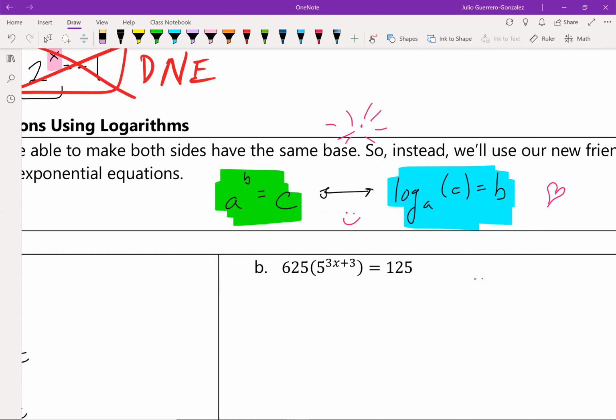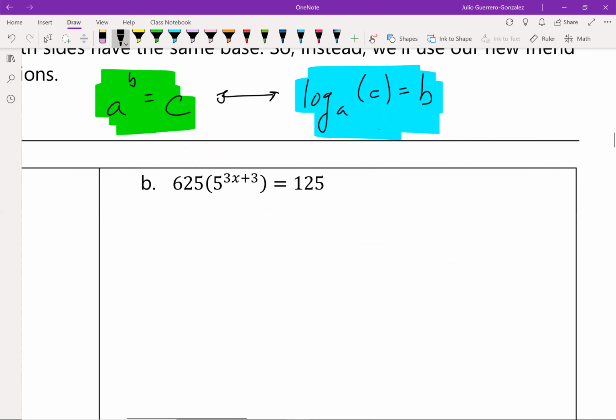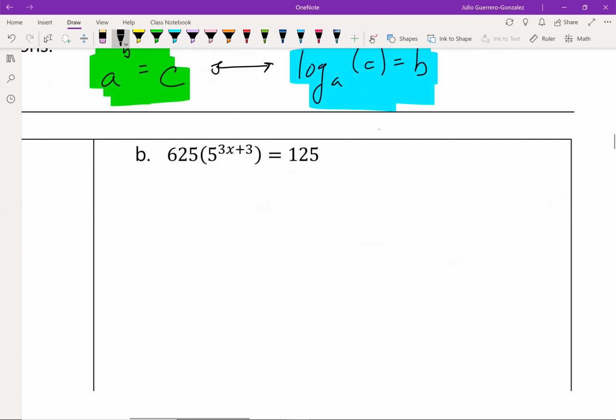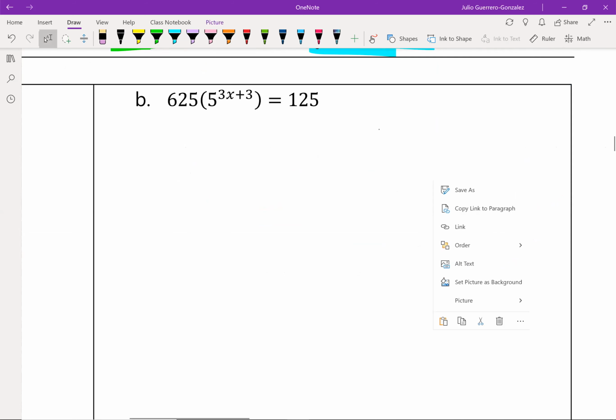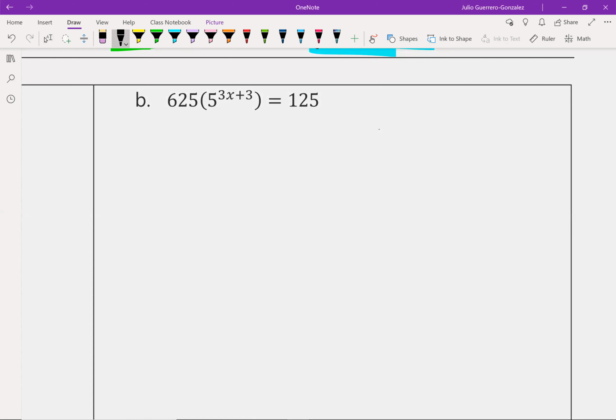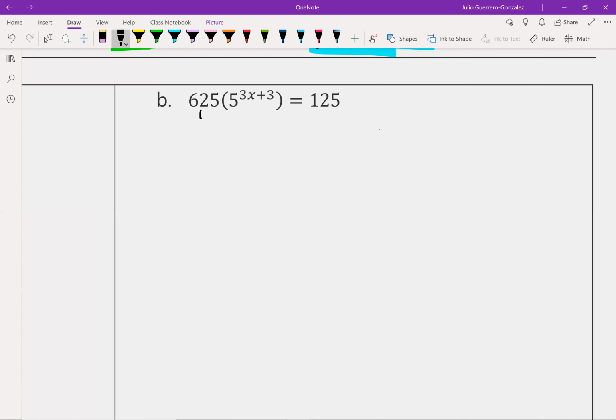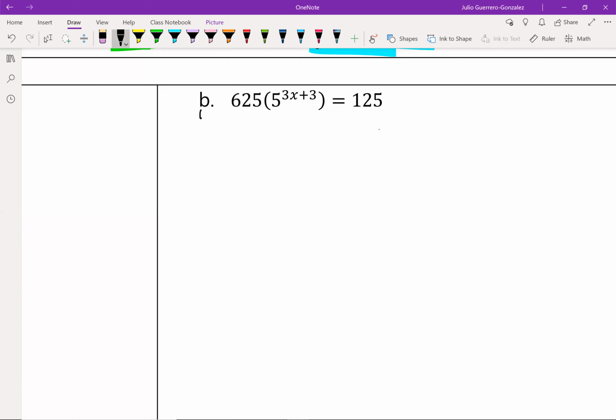Let me get rid of all the hearts and the smiley faces. Okay. Same thing happens with these. We need this thing by itself. Ooh, my tablet's acting up. There we go.